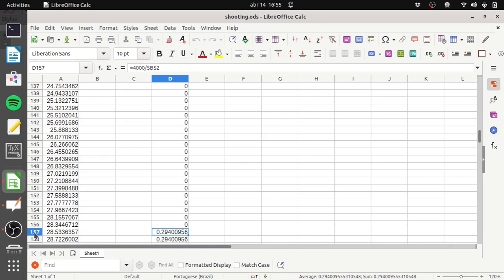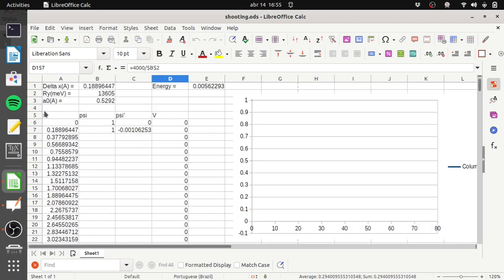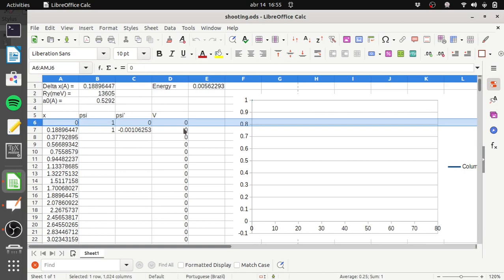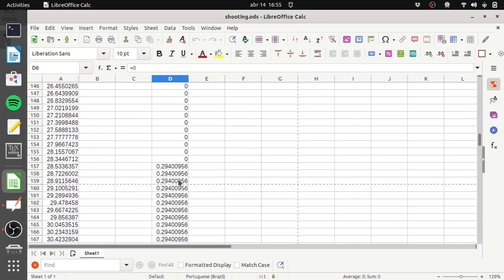This is 157 because I started at the sixth cell in the spreadsheet. So this is like 150 points, which means that I have something like 15 angstrom of width with a potential that is 0, from 0 to 15 angstrom.